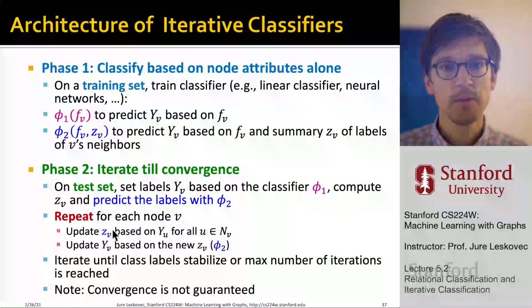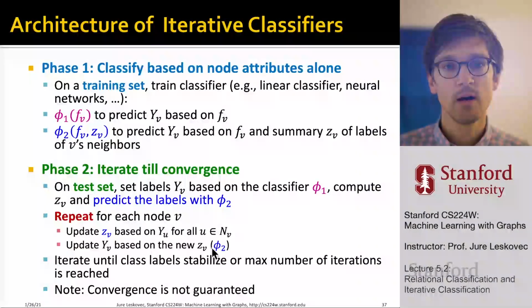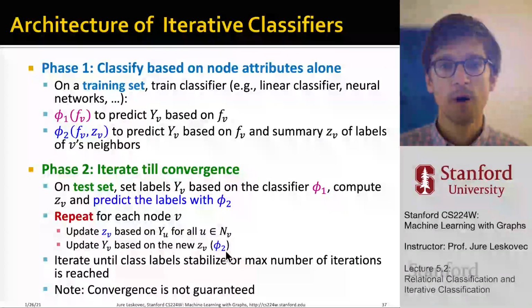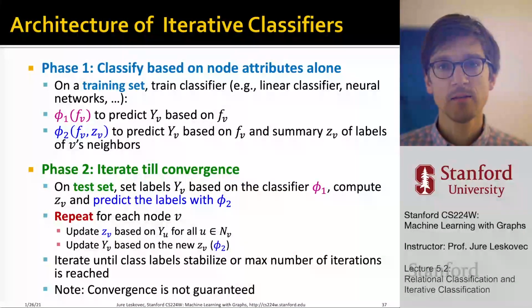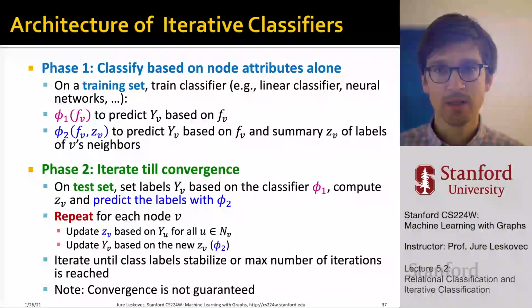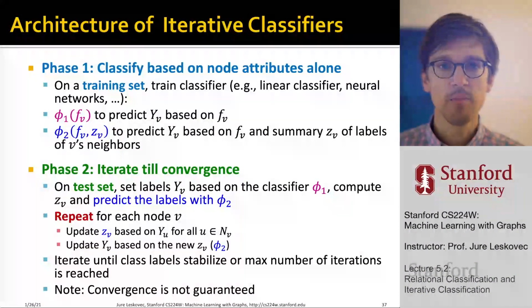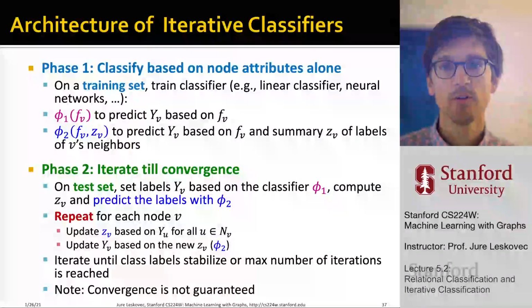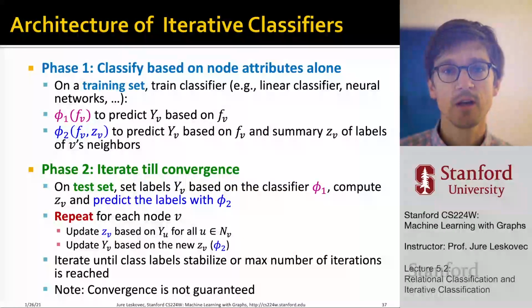And we are going now to repeat this process until it converges, in a sense that we are going to update the vector z, we are going to apply the classifier phi2 to update the label of the node. And now that node labels have updated, we are going to update the label summary z, and again apply phi2 to update the node predictions, update z, update the prediction, and keep iterating this until these class labels stabilize, converge, or some maximum number of iterations is reached.